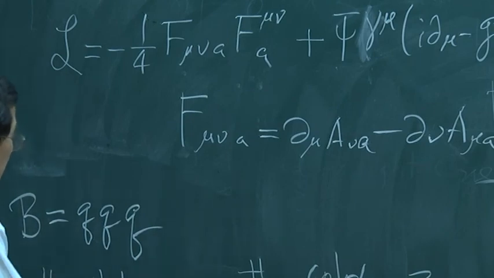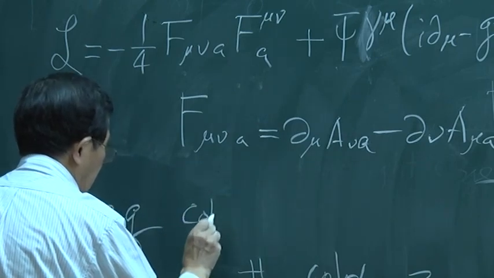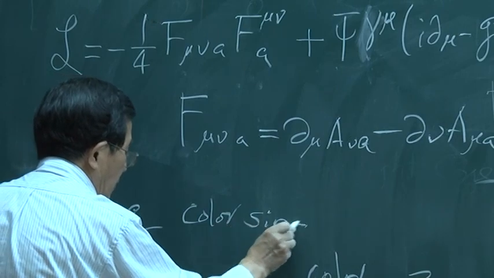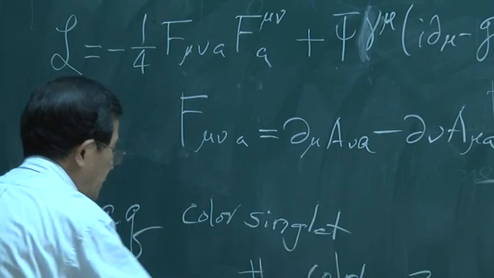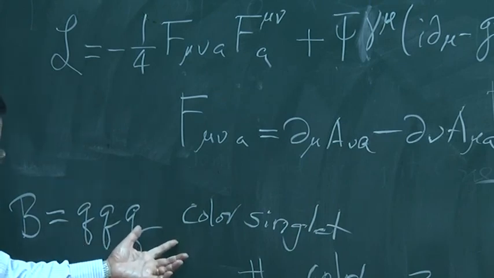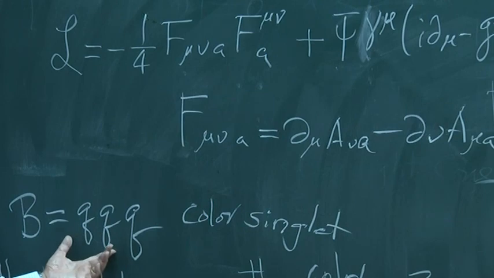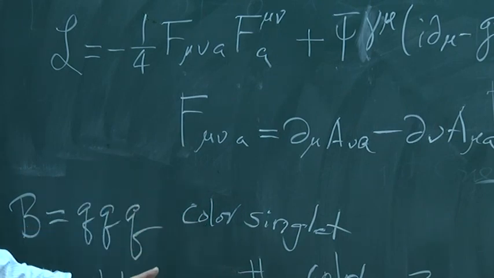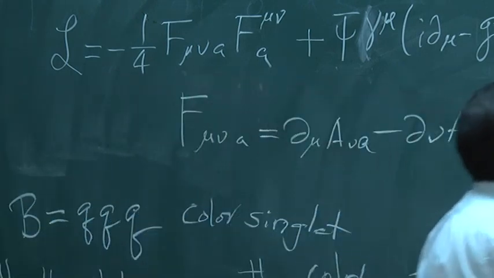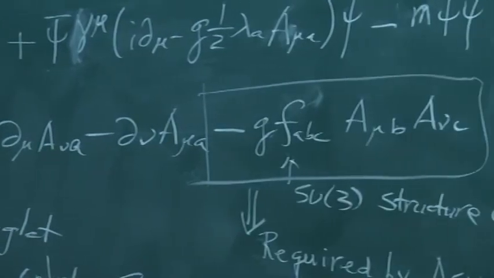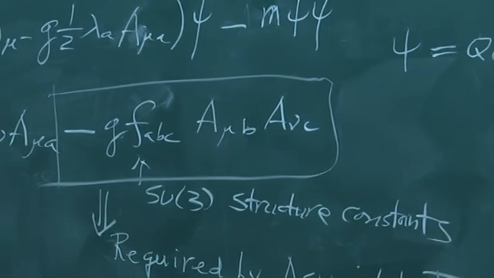So if this is a color singlet, the idea of quark confinement or color confinement, you need the physical state to be color singlets, and then because the baryons have 3 quarks, you need 3 colors. You cannot have 4, you cannot have 2. So every term in this Lagrangian, there's data to support it.